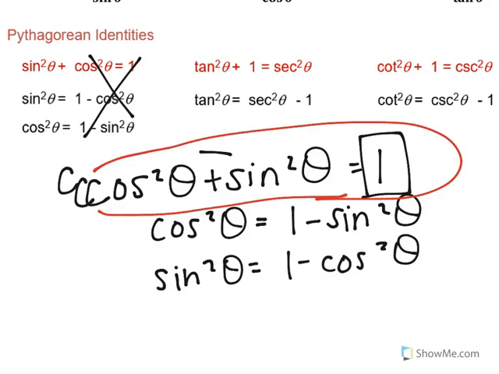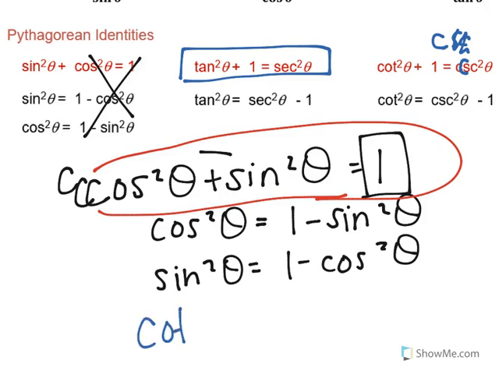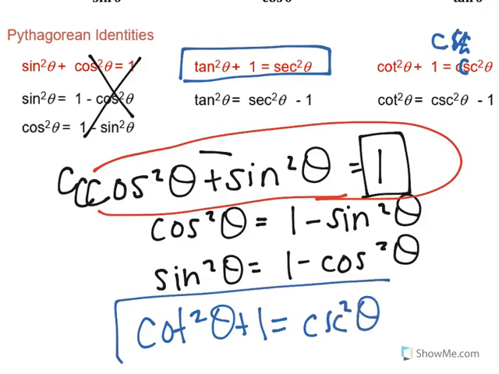Our next identity is tangent squared plus 1 equals secant squared, and cotangent squared plus 1 should be equal to cosecant squared. And I don't know why that got cut off either, but I can write it up here. So I'll write at the bottom, cotangent squared theta plus 1 equals cosecant squared. And that's another one of our main identities.